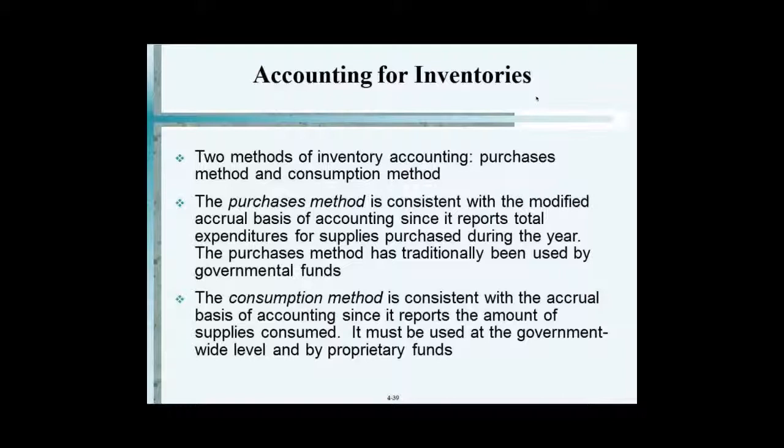At the end of the year, you send somebody out, takes a count, and it says you've got $900 worth of inventory. Many slides ago, I don't know if you remember, there was a slide on fund balance which said spendable and non-spendable fund balance. It's like your reserve, some of it could be spent and some of it couldn't.